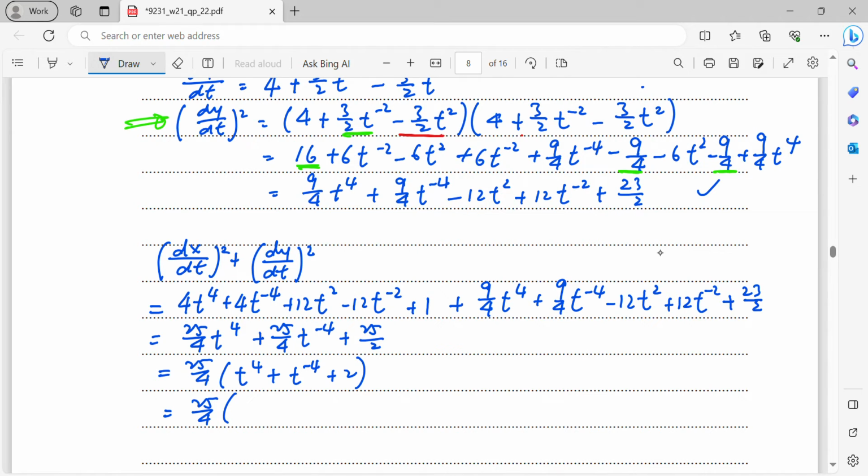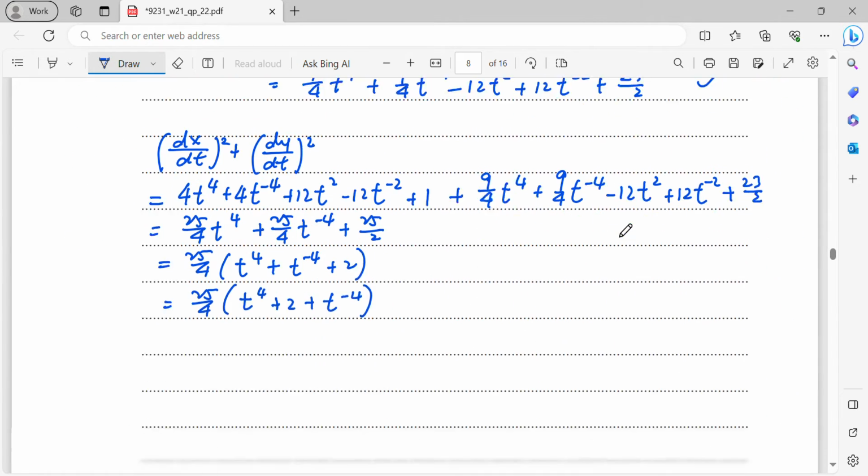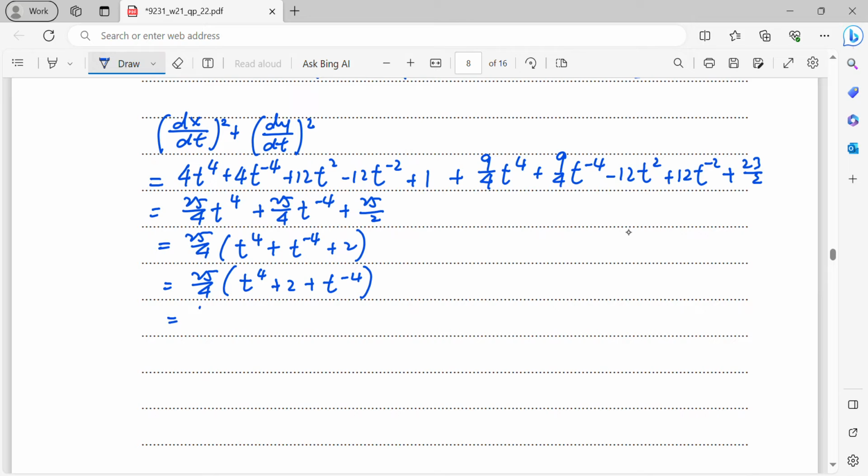This is basically t degree 4 plus 2 plus t to the power of negative 4. Okay, but then when you look at the answer here, it is square of t squared plus t power negative 2. So you just need to take out the square. Alright, so this is the solution.